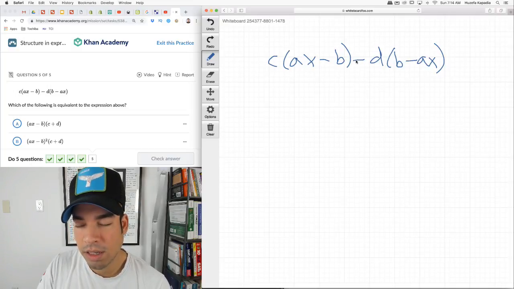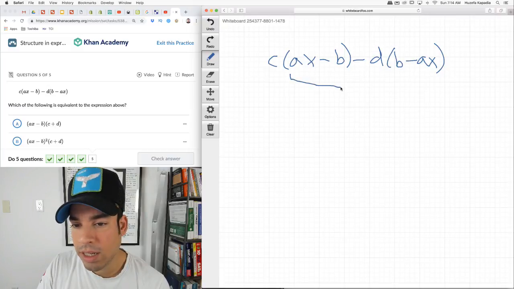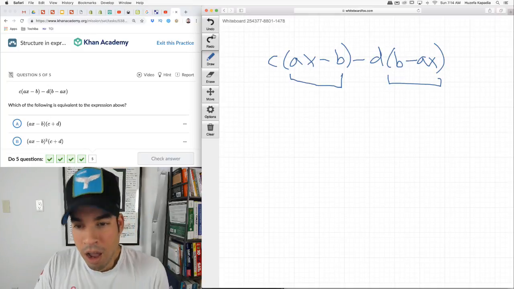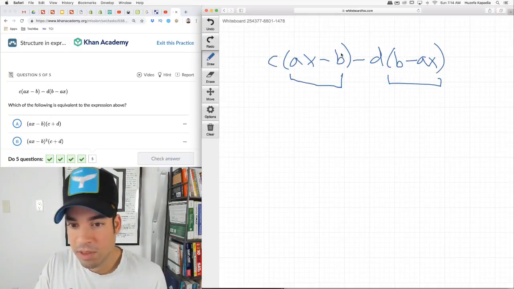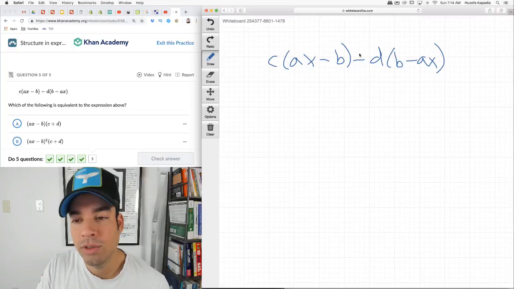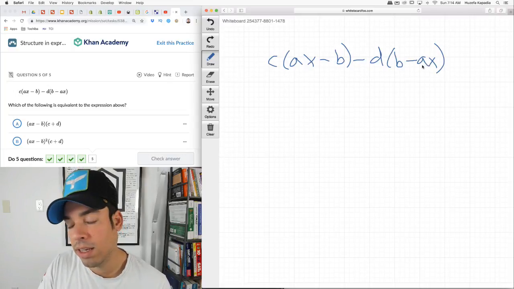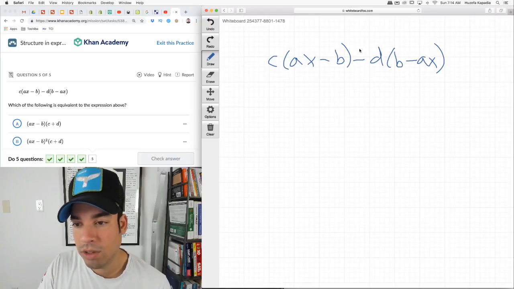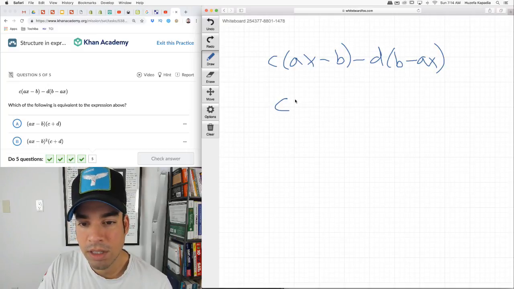Now I realize this is like a factor by grouping. So look, the important thing to recognize is this term and this term are really the same. It's just they're flipped. So I can take this negative and factor out a -1, or distribute this however you want to think about it. If I factor a -1 out of this, it becomes c times ax minus b.